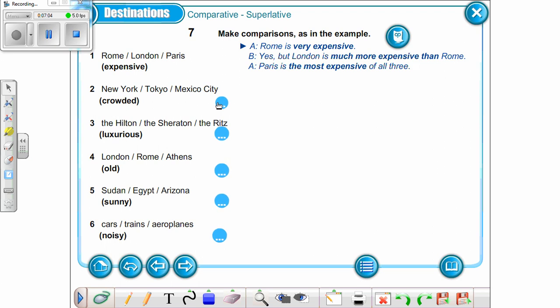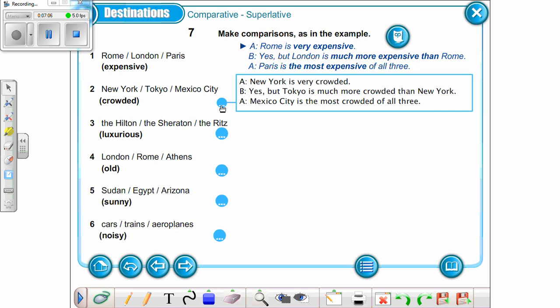Okay. New York is very crowded. Here I'm not comparing anything, okay? I'm only telling that New York is very crowded. I'm describing, crowded here is used to describe New York. Yes, but Tokyo is much more crowded than New York. Mexico City is the most crowded of all three.